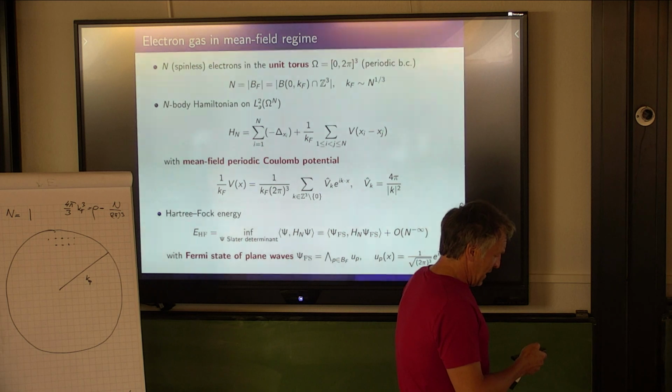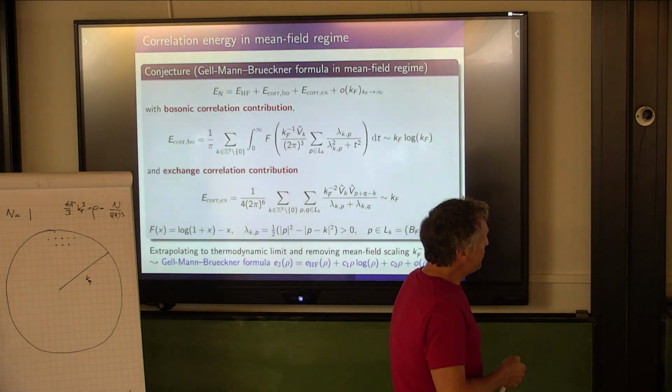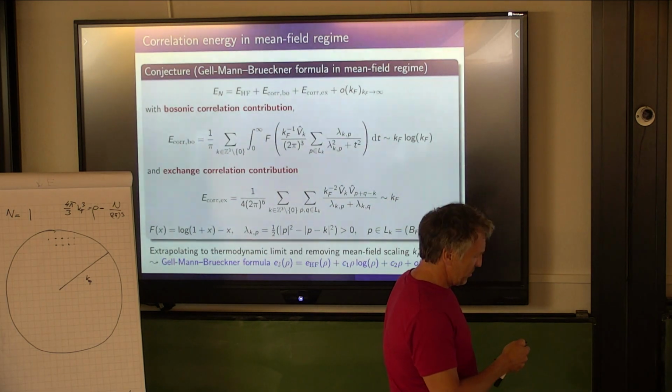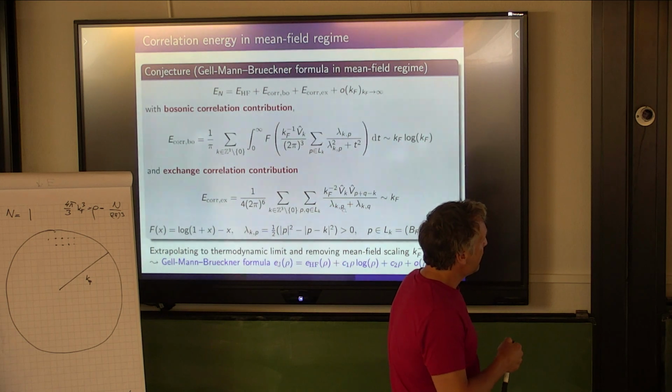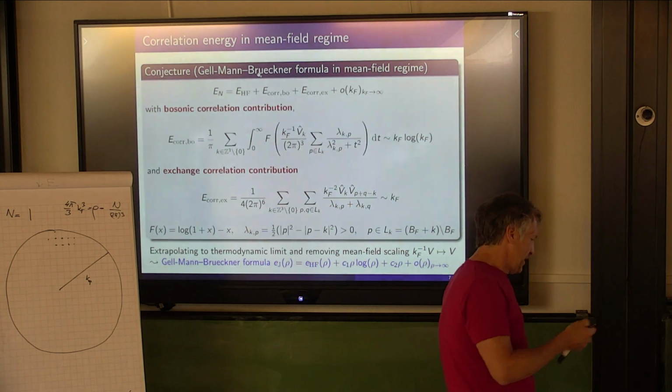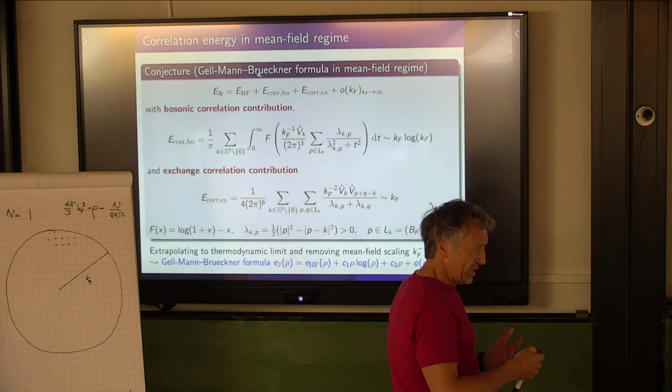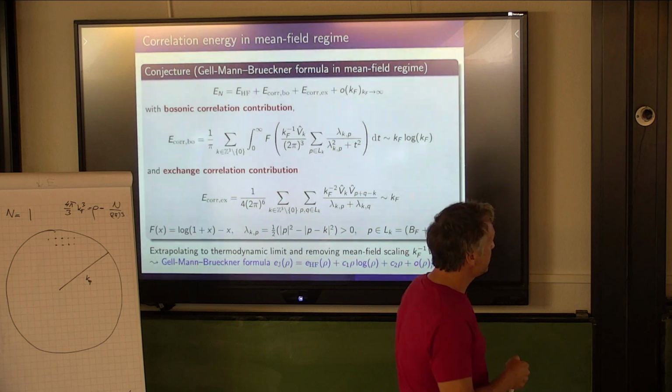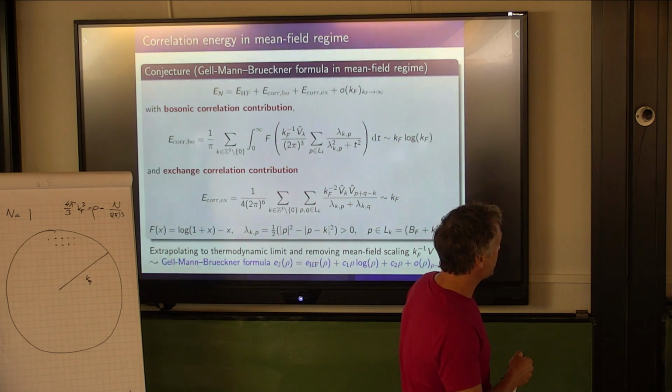If you take the Gell-Mann-Brueckner result, you can of course translate the calculations of Gell-Mann and Brueckner immediately to the model which we had before, and therefore this is denoted as a conjecture, because even the Gell-Mann-Brueckner formula is not a proof, so as a mathematician you would call it a conjecture. The physicists might disagree.